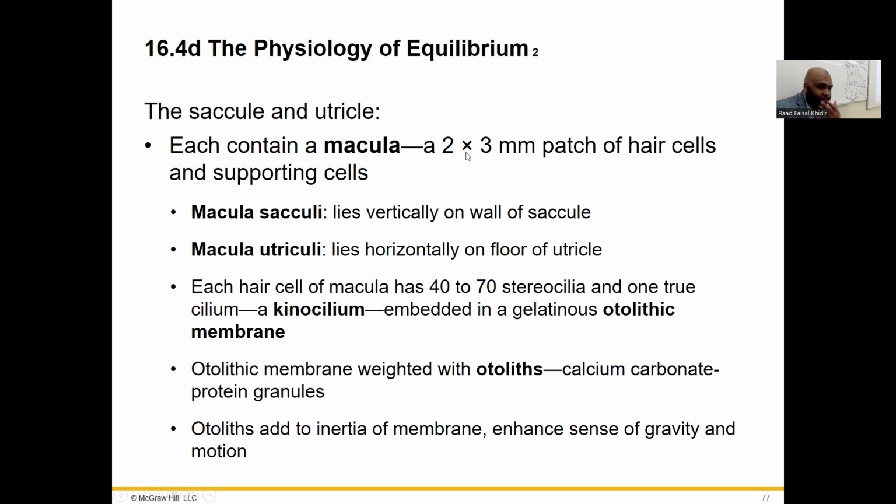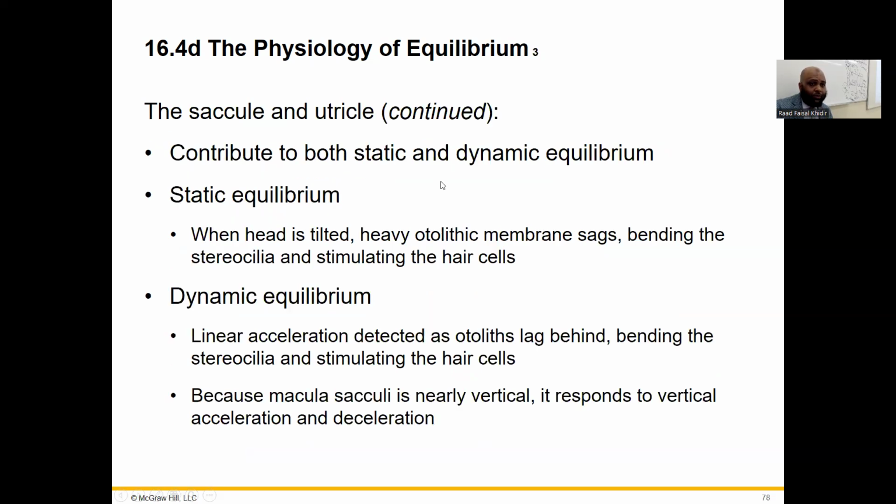Okay, the saccule and the utricle contain a macula. There's the macula sacculi that lies vertically on the wall of the saccule, and the macula utriculi that lies horizontally on the floor of the utricle. So we have static equilibrium and dynamic equilibrium. Static equilibrium is when the head is tilted and the heavy otolithic membrane is going to sag, bending the stereocilia and stimulating the hair cells.